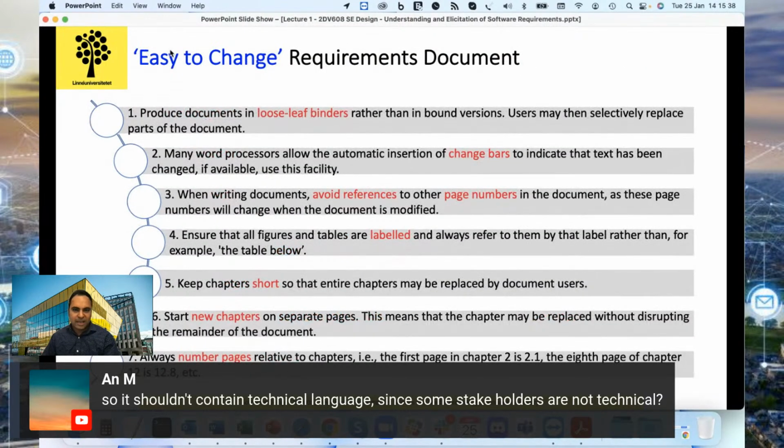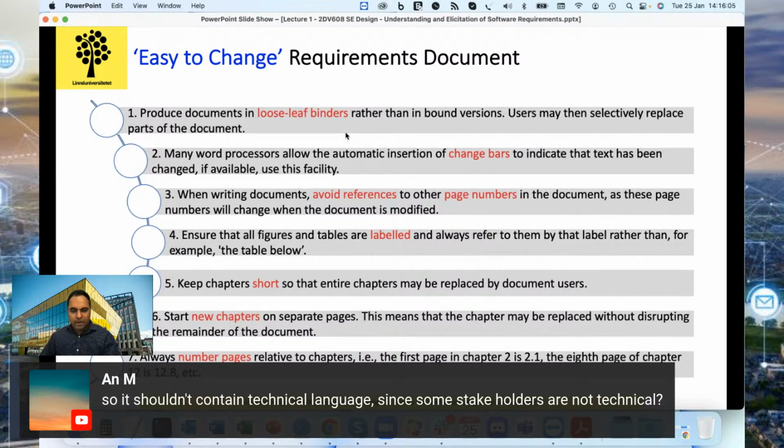But then there is another criterion: your requirements document should be easy to modify or change. Try to write your documents in loose leaf binders. That means it's easy to change any part without breaking the whole document.